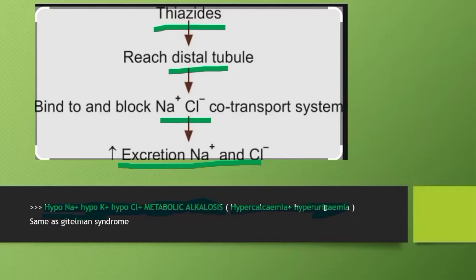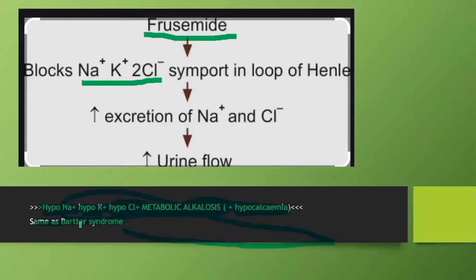I forgot to write that. So hypomagnesemia will only be there in case of Gitelman syndrome, and in case of Bartter syndrome or prolonged use of furosemide, there will be no hypomagnesemia. There will be only hypocalcemia. So that is going to be the question.